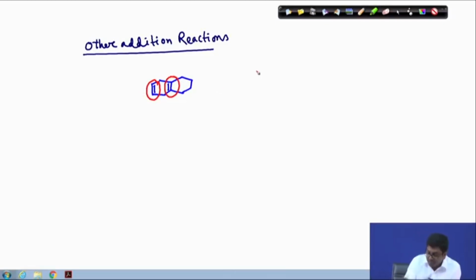Now, if we use this dichlorocarbene as the reactive intermediate or reactive carbene here, then what will be the product?